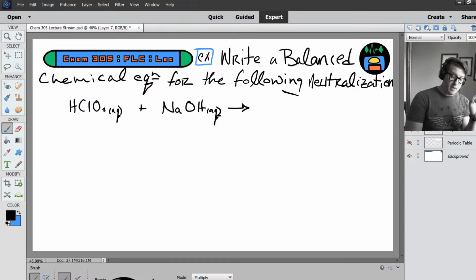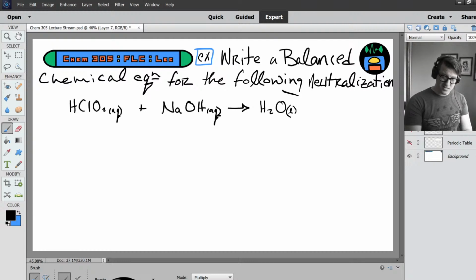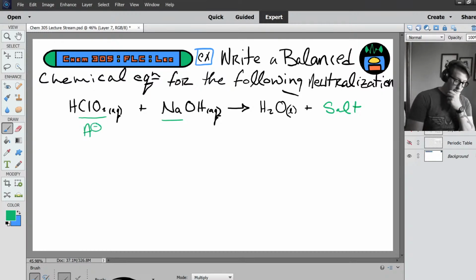All right, now the thing to remember is this reaction is going to produce two things. One, it's going to produce water, so you can instantly write that in. The second thing this reaction will produce is a salt. And the salt will be based on the cation from the base and the conjugate acid, A minus, from the acid we're given. Now, we can figure out what A minus is.